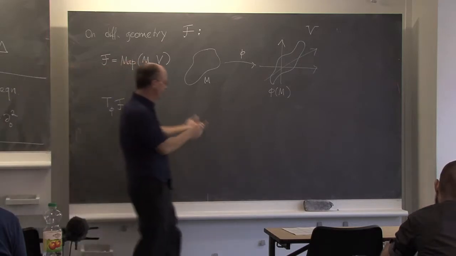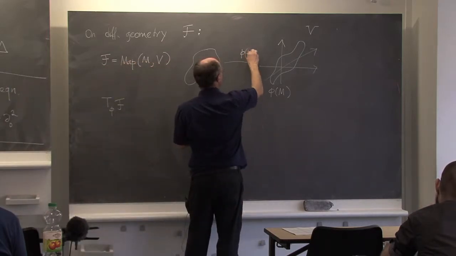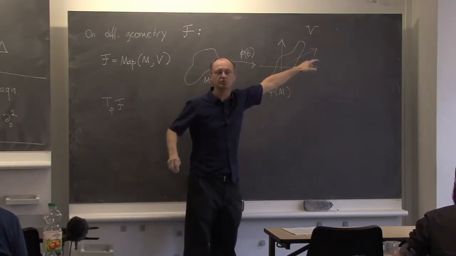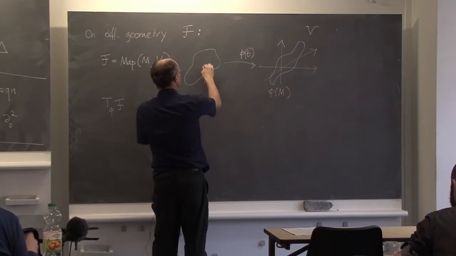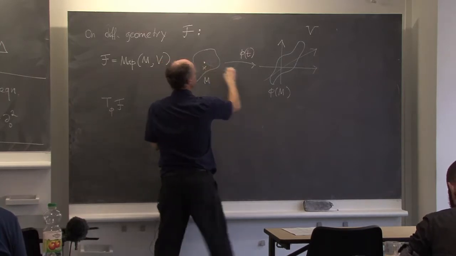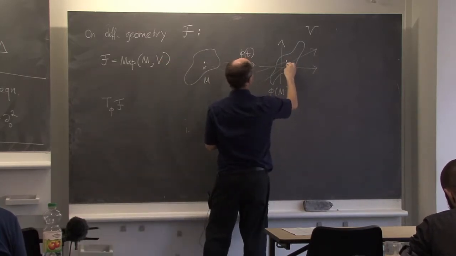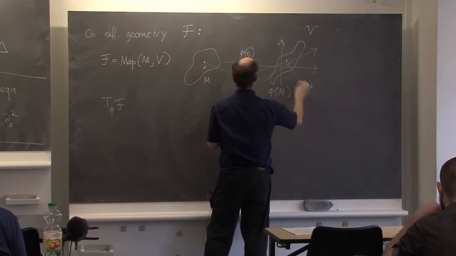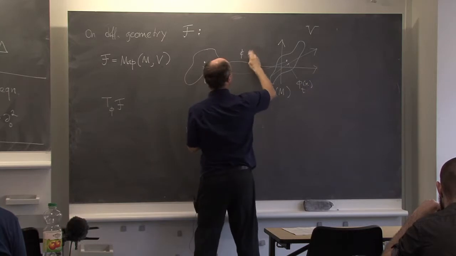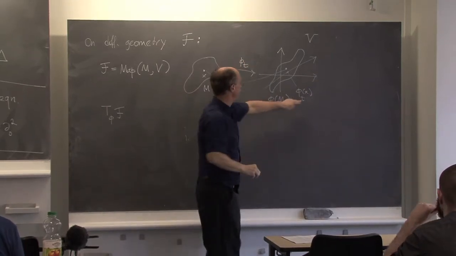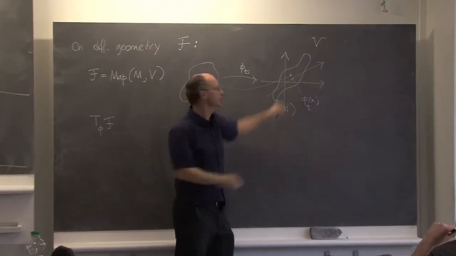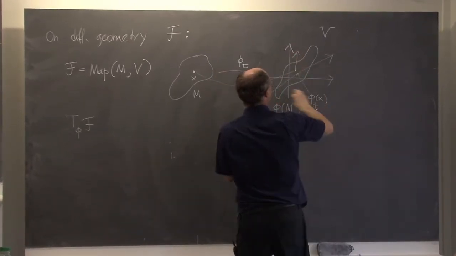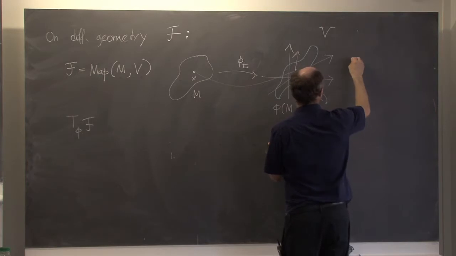So what is it? If you imagine a one parameter family of maps, then the image is going to move, right? You take a point x here, it is moved to the point phi of x, and now there will be a parameter t. You differentiate with respect to t, you obtain a tangent vector at this point.